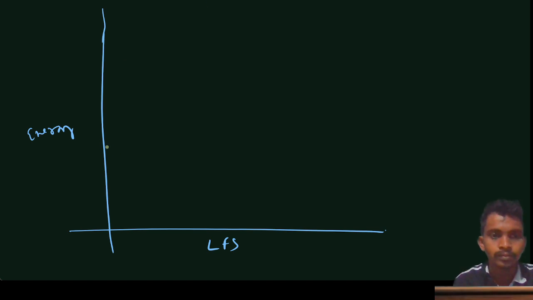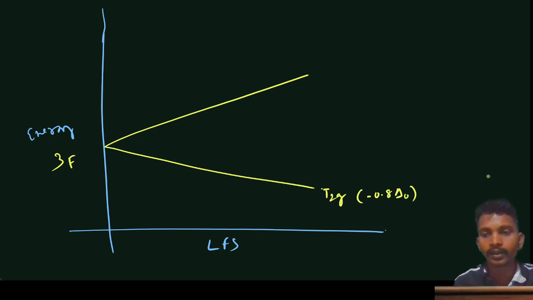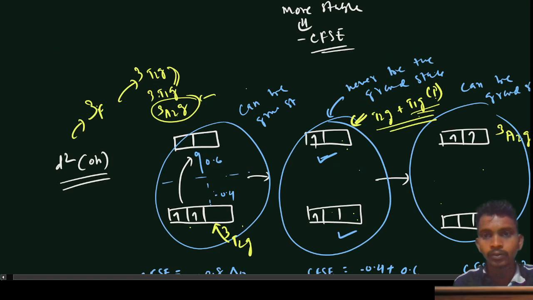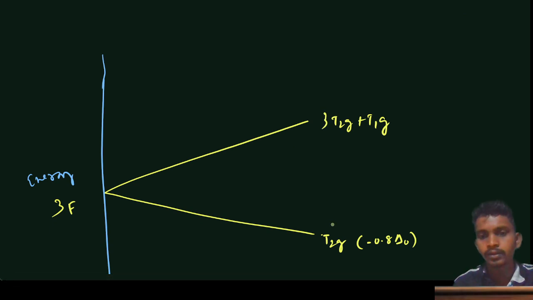Now for this F3, here it is T2g and this value is minus 0.8 delta naught, and the others have the value 0.2, that is for T2g and T1g, and this is T2g plus T1g, its value is 0.2 delta naught.